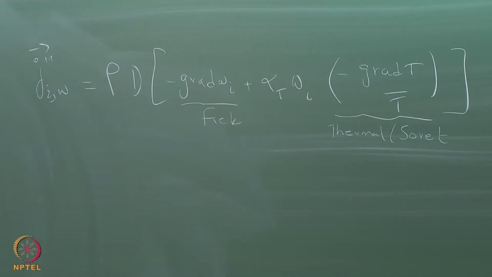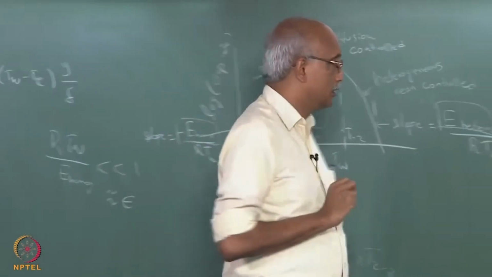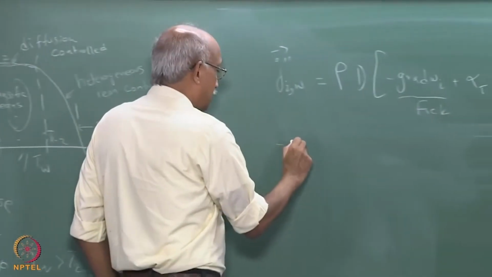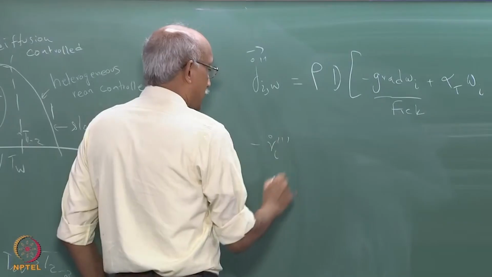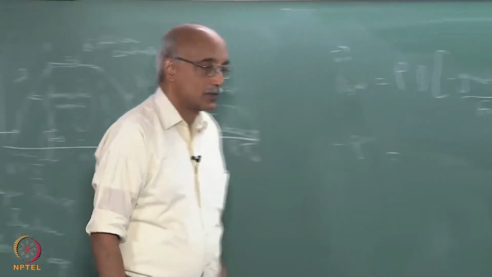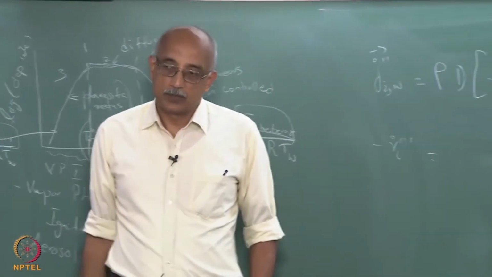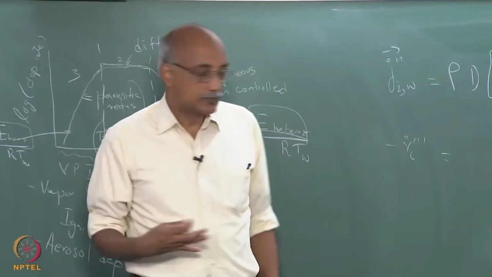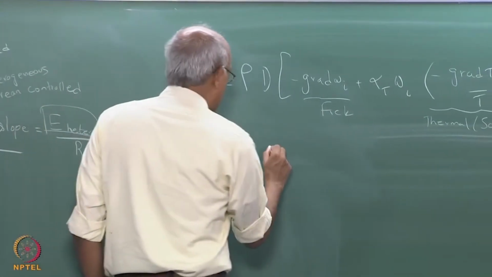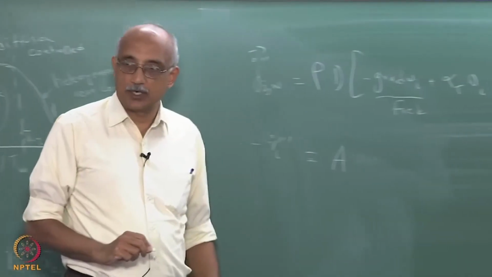Now, for the homogeneous chemical reactions, you can now define a consumption reaction rate term minus R I dot triple prime, because it will be per unit volume, and that will have an Arrhenius type of relationship.